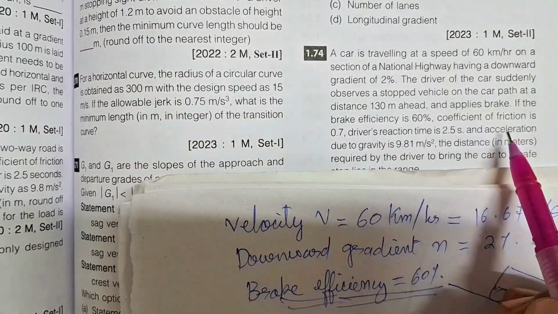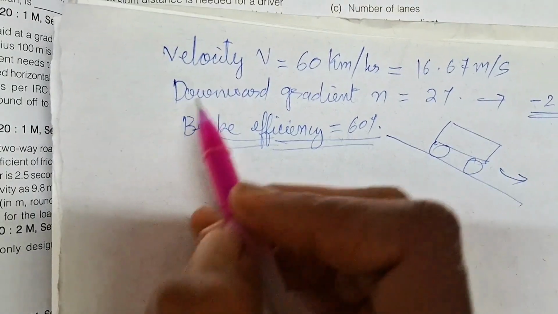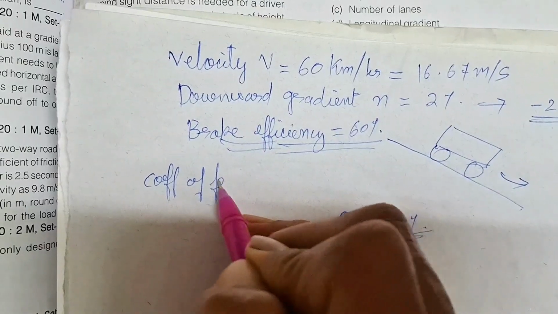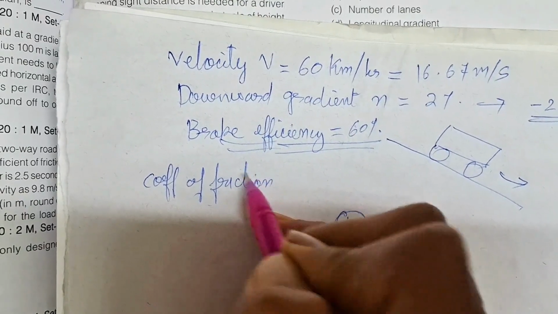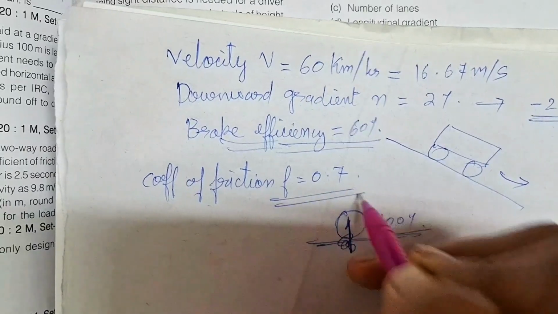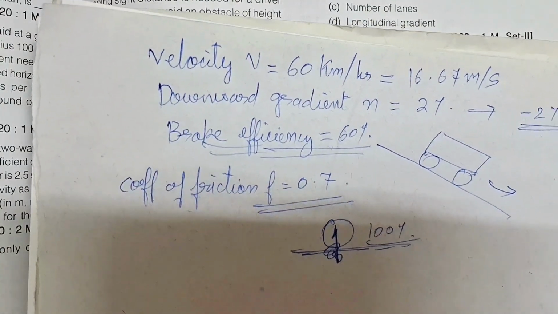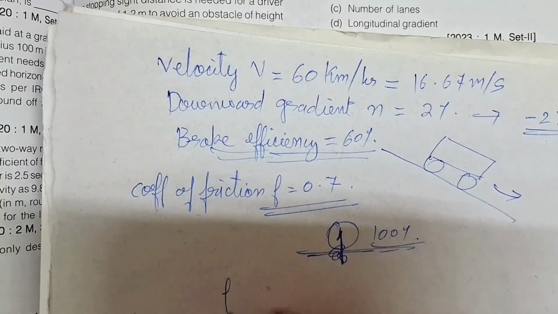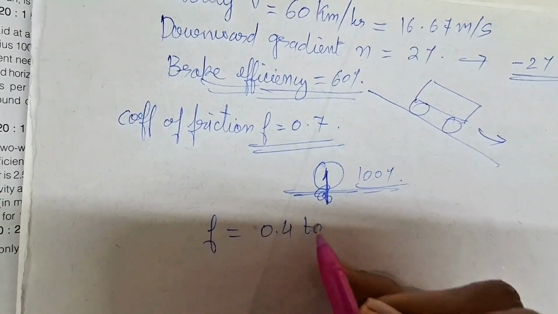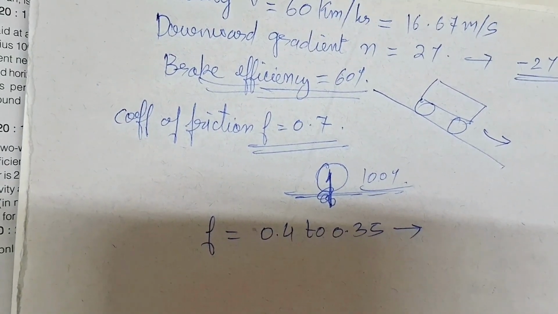Another thing, coefficient of friction, that means value of f. So coefficient of friction f is equal to 0.7. Now see, we know that basically the value of f varies from 0.4 to 0.35, and it depends on the speed.